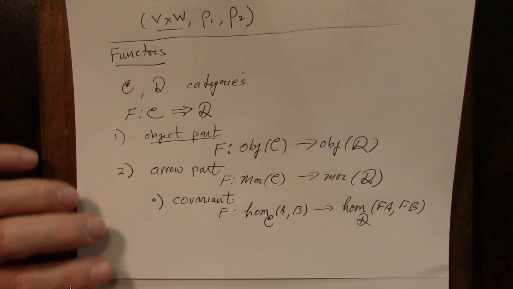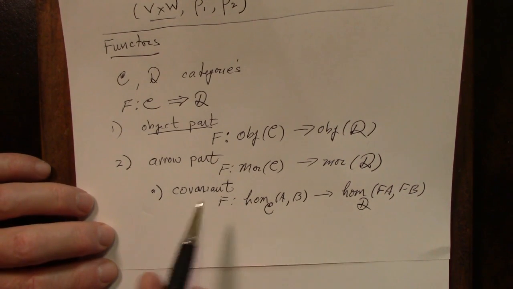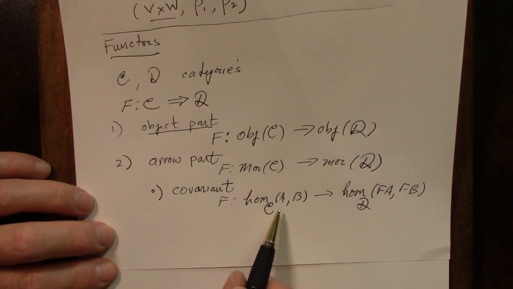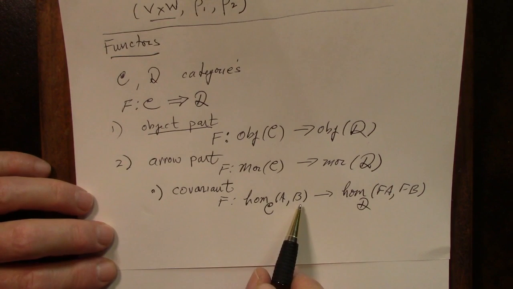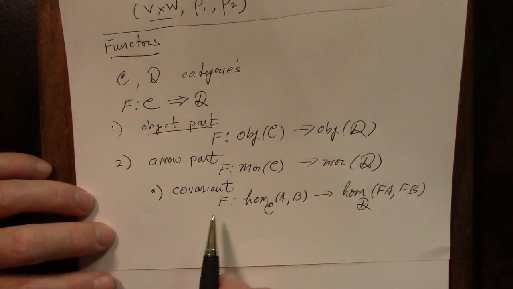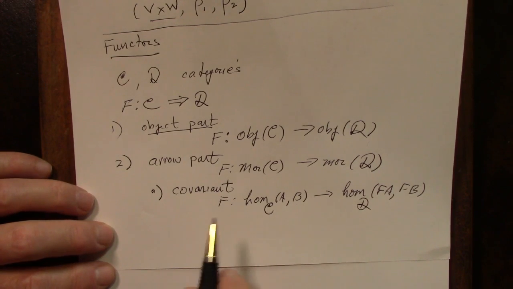Okay, so that defines the arrow part of the functor, and the restriction of F to a Hom set I usually think of as the local arrow part, or a local arrow part of the functor.